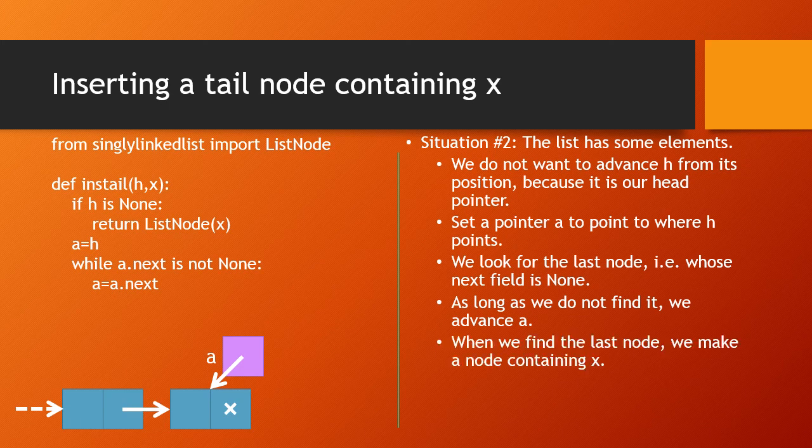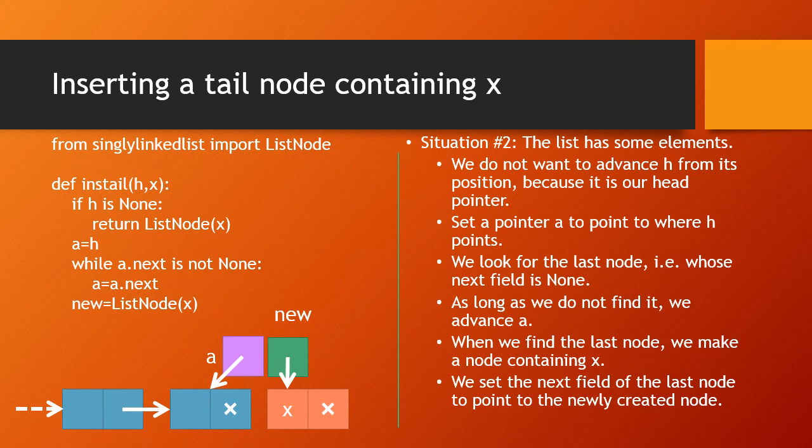When we find the last node, we make a node containing x. How do you make a node containing x? New equals list node x. We set the next field of the last node to point to the newly created node. The last node is pointed to by a.